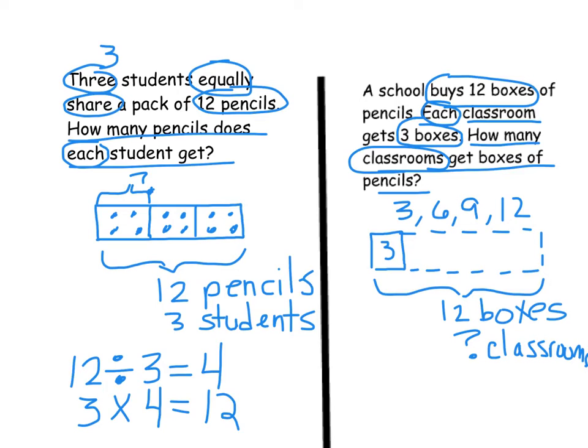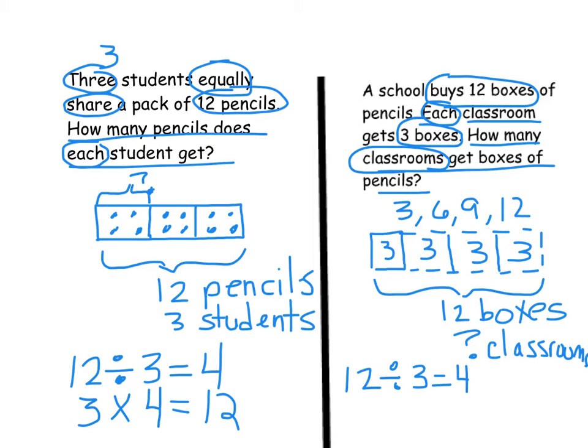So 1, 2, 3, 4. So I can see that this classroom gets 3, this classroom gets 3, 3, and 3. The division sentence that I could use would be 12 divided by 3 equals 4 again.